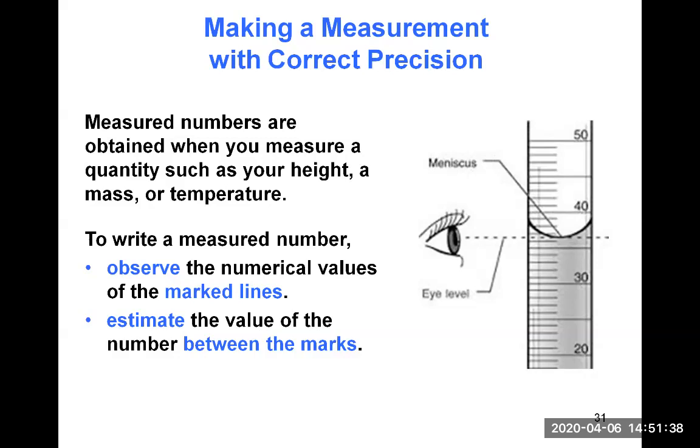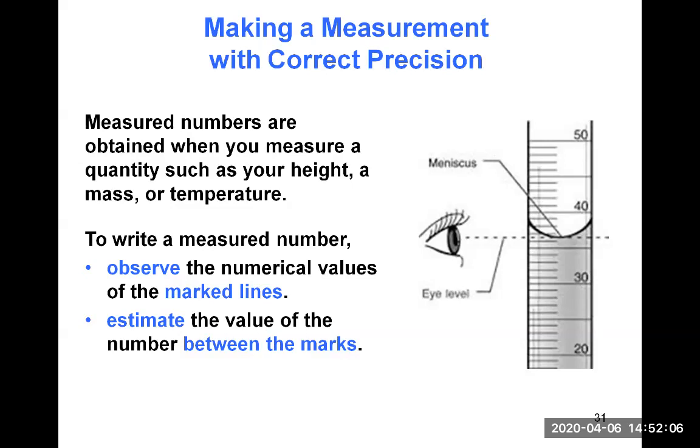Then you will know for certain that your measurement is between two known values because there is a line for these. Then you need to estimate the value of the number between the marks. That is maybe the most difficult part, estimating one more digit between the marks.